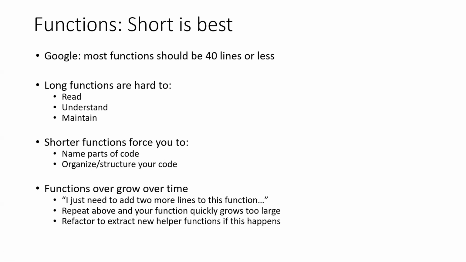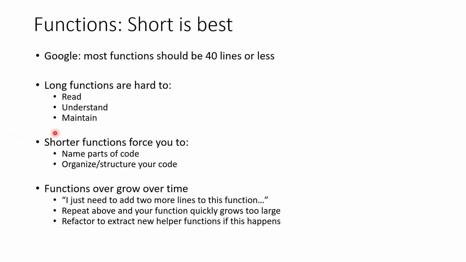As I just said, functions need to be short. Most functions should be less than 40 lines. And this is by Google, not by me. Long functions are hard to read, understand, and maintain.